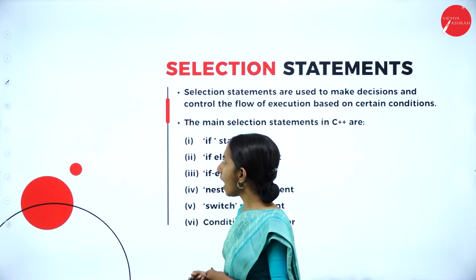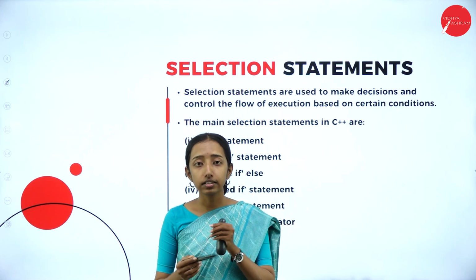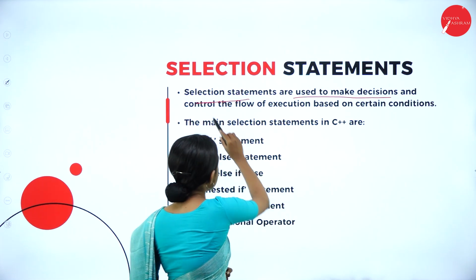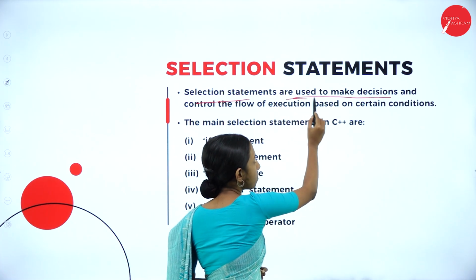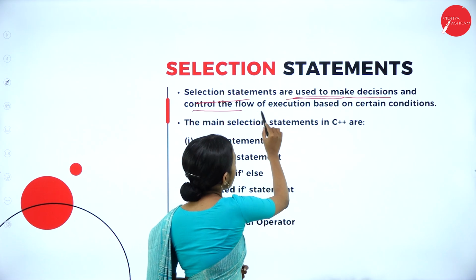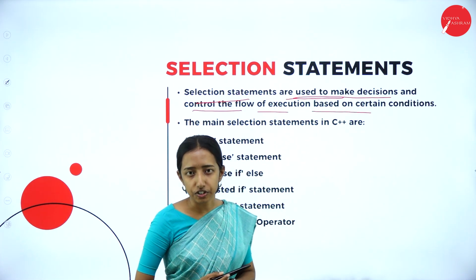Next we have the selection statement. The selection statement comes under the control statements. The selection statements are used to make decisions and control the flow of execution based on certain conditions.